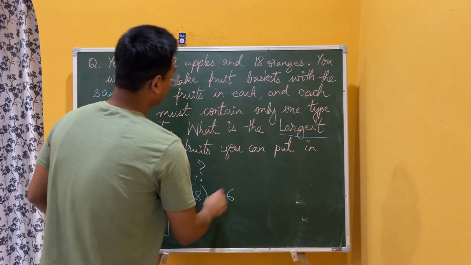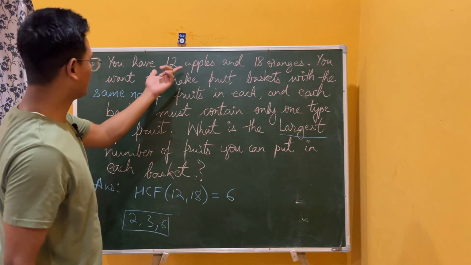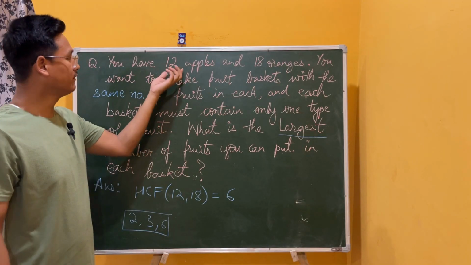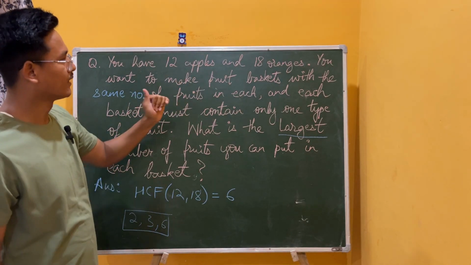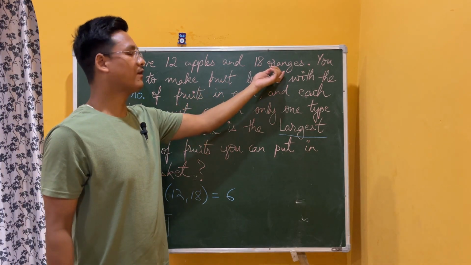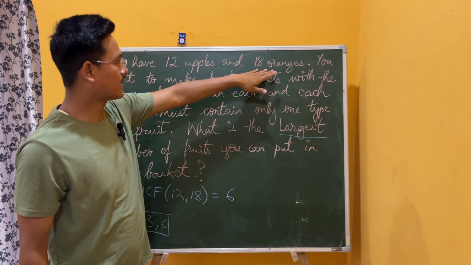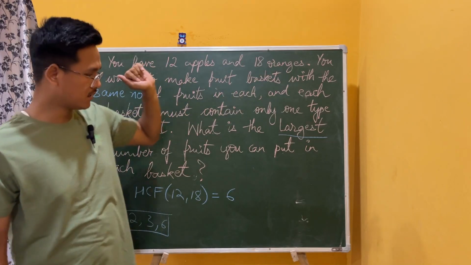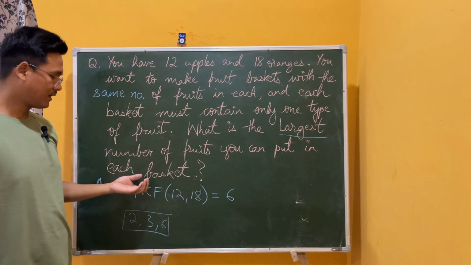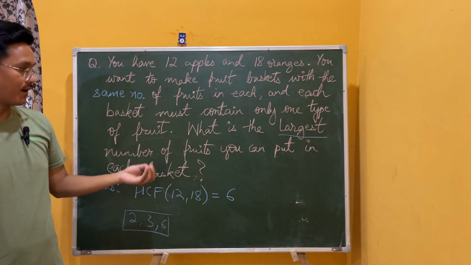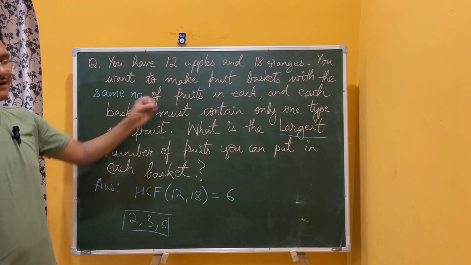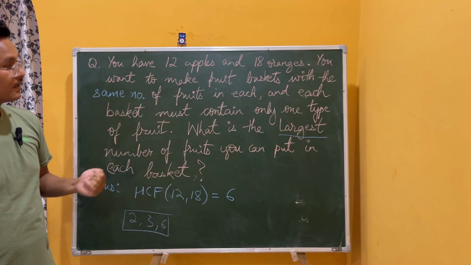possible way. That means when you look at the number of apples, we have 12. So this can be divided into two baskets, 6 and 6. When you have 18 oranges, this can be divided into 3 baskets. Questions can further ask how many baskets are required when you divide them in this manner.